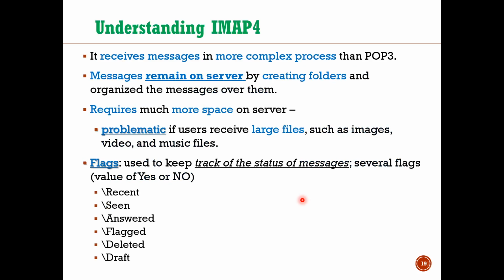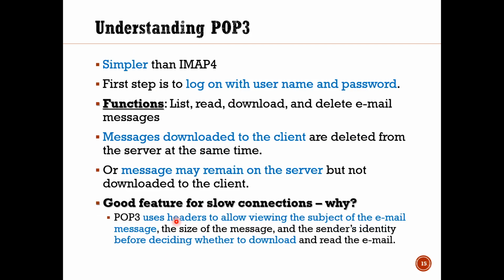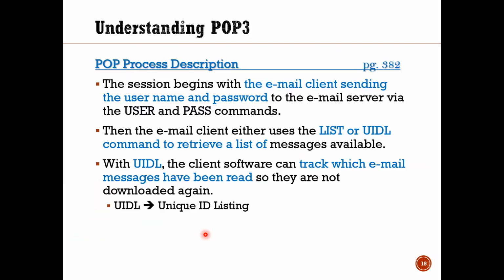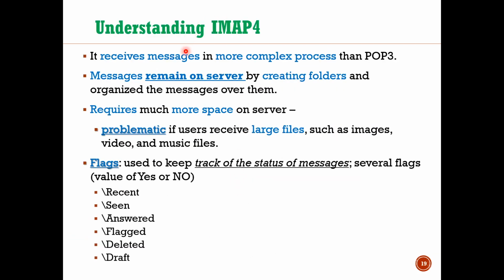All right, talking about IMAP4, it is used to receive messages like POP3, but it is more complicated than POP3. Messages remain on the server. There's no option like the one in POP3 that allows retrieving the header only, so that you can see the message before you decide to download it.